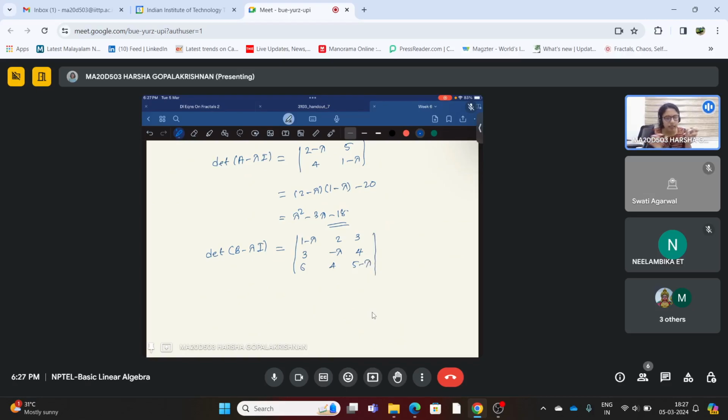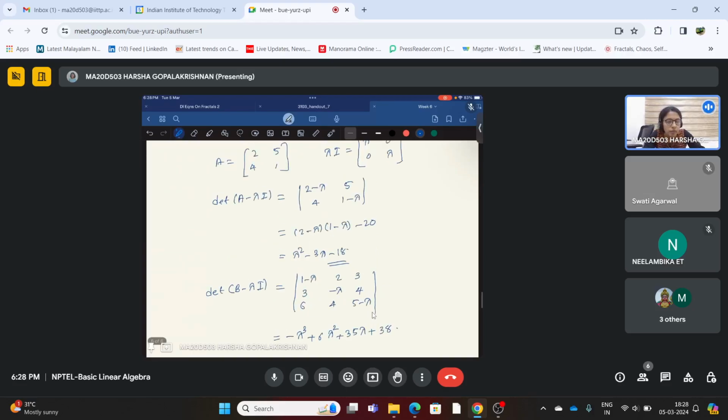See, whatever minus lambda is coming on the diagonal is from the minus lambda I. Whatever the terms 1 2 3, 3 0 4, 6 4 5, that is our matrix B. We can find the determinant, and I think the solution is minus lambda cube plus 6 lambda square plus 35 lambda plus 38. You can just verify this.